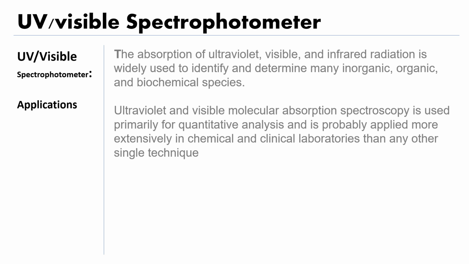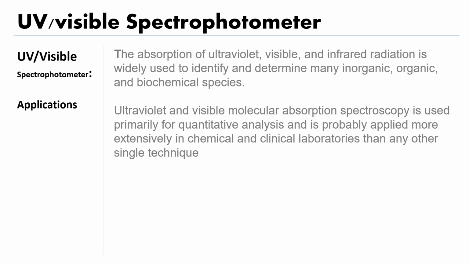Now, where are we going to use the UV visible spectrophotometer, and what are its applications? The UV visible spectrophotometer is used to identify and determine many inorganic, organic, and biochemical components.